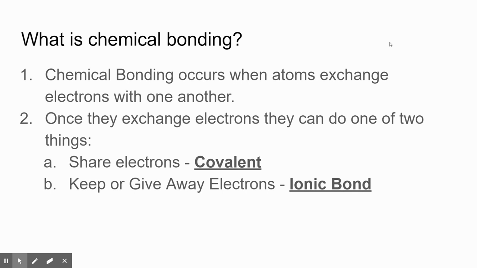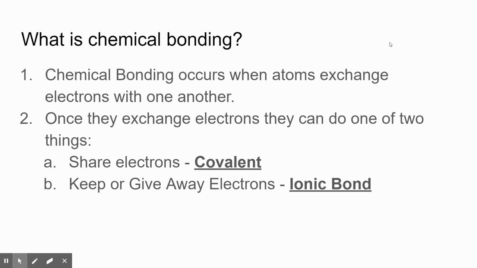Now, I'm sure you all have heard of ionic and covalent bonding before in some way, shape, or form. I'll tell you that it's a little bit of a fib, because really all bonding is the exchange or sharing of electrons, and it's just the extent to which they exchange or share electrons which determines whether they have more ionic character or covalent character.